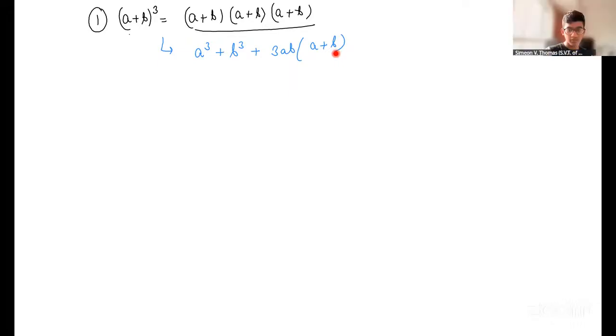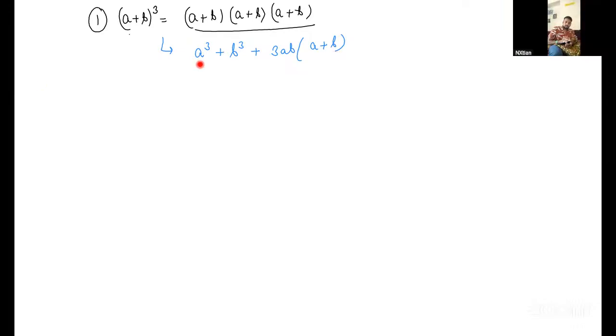a cube plus b cube plus 3ab into a plus b. I'll repeat it again: a cube plus b cube plus 3ab into a plus b. Understood? Simeon, did you understand? Yes. So I'll repeat it again: a cube plus b cube plus 3ab into a plus b. Okay, this is the identity.